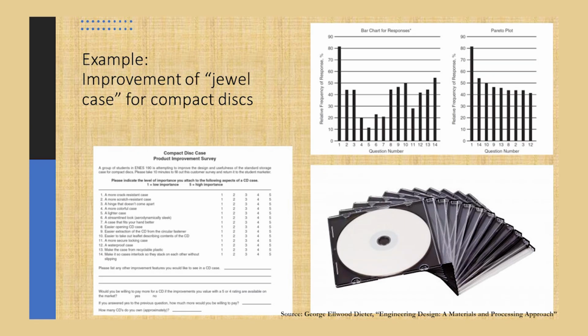This is a survey that was carried out. A group of students in this course were attempting to improve the design and usefulness of the standard storage case for compact discs. How to improve this storage case for the CD, that is what they were looking at. There is already a solution that exists and it is out there in the market and people are buying them, but they were looking to further improve it.